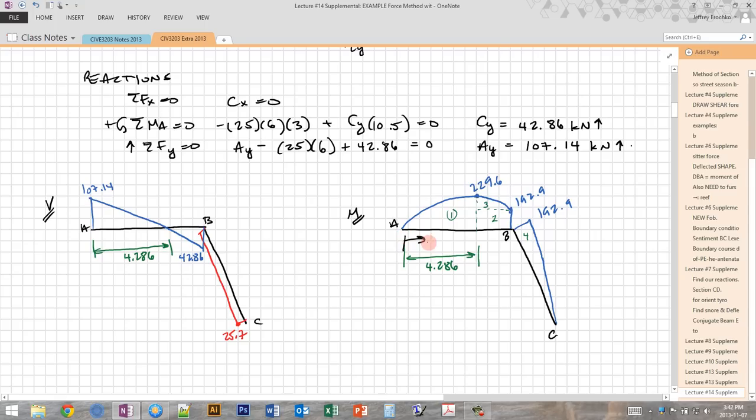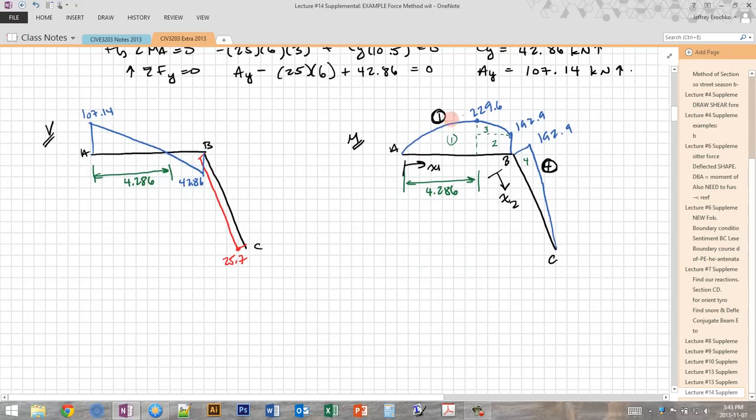So I'm going to call this one x1, and then I'm going to have another x direction x2. So for this shape, we'll call this overall shape 1, okay, for this analysis. We'll call this, let's just call it shape 4, because this one is 4. So this one's going to be 1, this one's going to be 4, and we're going to find the moments for these.